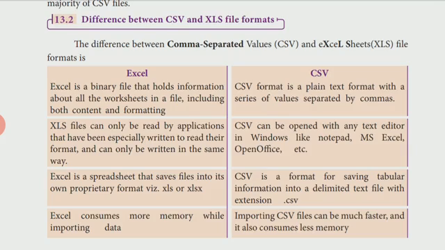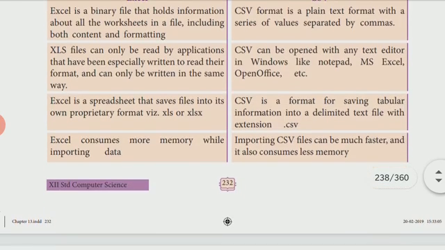We have to separate the values with commas. The next difference is, Excel sheets we have to read only with the Excel application, but a CSV file you can read with MS Excel, OpenOffice, LibreOffice, Notepad, every software we can read these files. That is one advantage. The Excel files have the extension .xls or .xlsx.